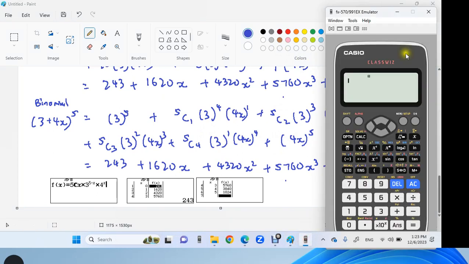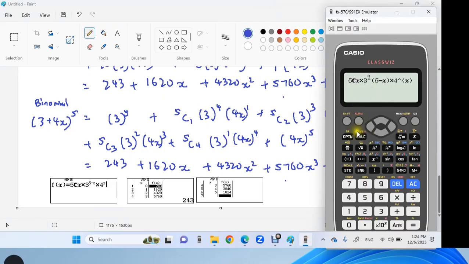Using the 570 MS, so you don't have a table there. What you can do is you press 5, shift C for the nCr, then C, and alpha x, multiply with 3 power 5 minus alpha x, and you close the bracket, multiply with 4 to the power of alpha x, and you close the bracket again.